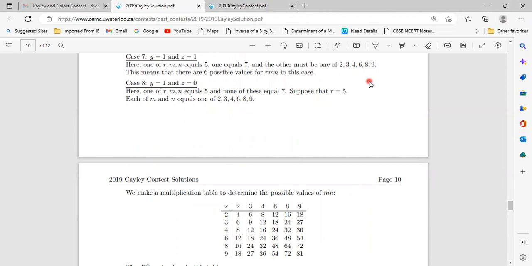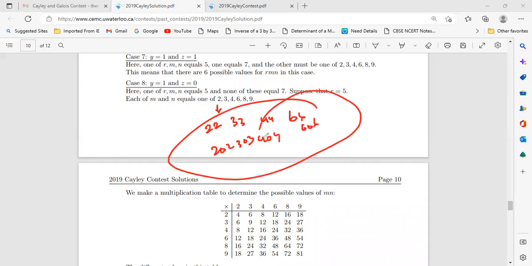Okay, here it says they explain that. Suppose you have R is 5, each of M and N equals 2, 3, 4, 6, 8, 9. Which means it could be 22, 33, 44, 66, or 202, 303, 404, 606, like that.